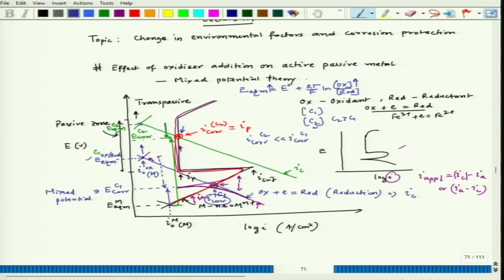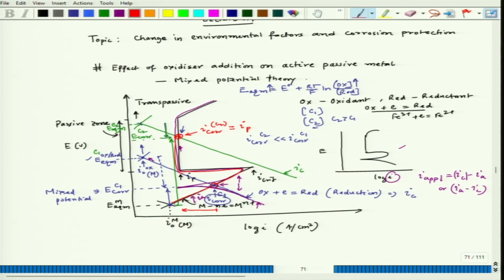So, that material will remain at this location with the corrosion rate corresponding to I passive. And we could see that the corrosion rate actually moved from this to this. So, there is a huge decrease considering the log scale of that current density, fine.